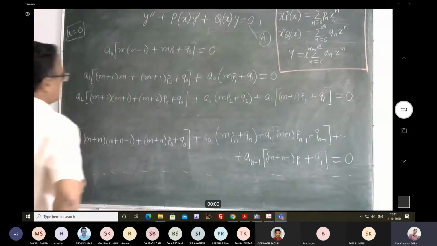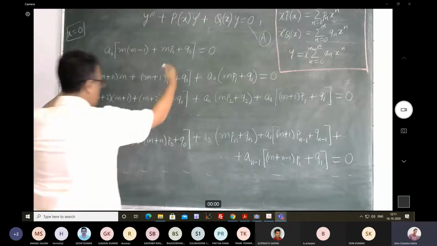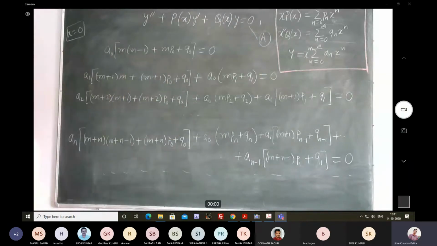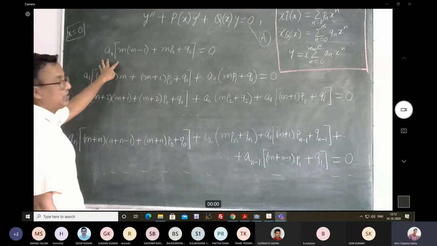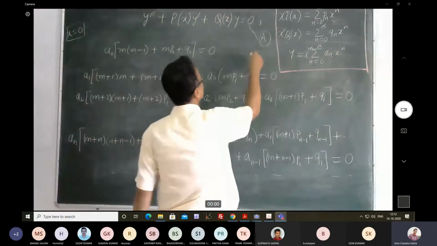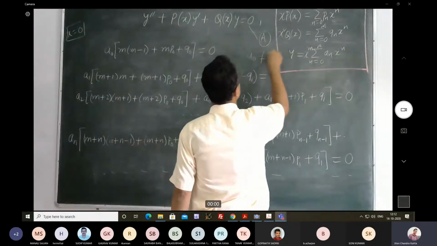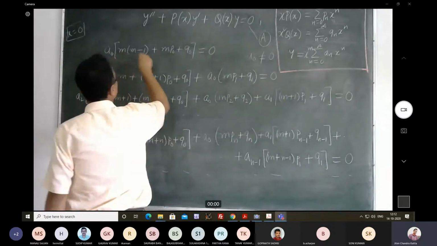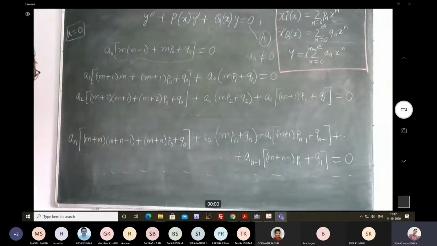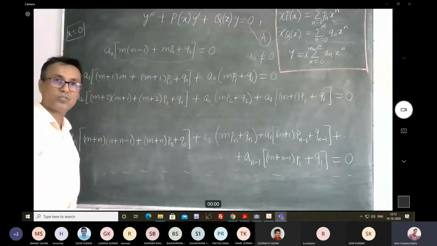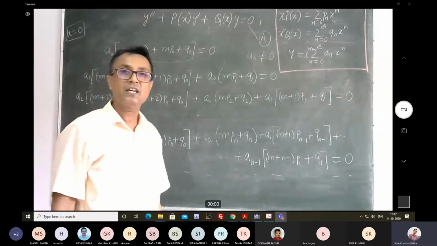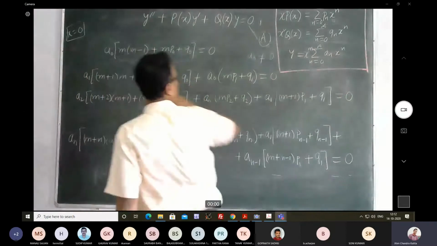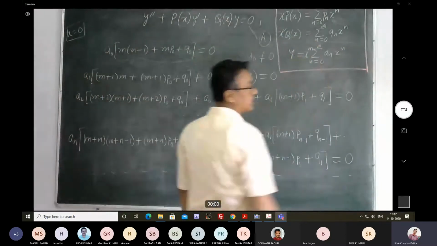Okay, fine. So now you can see the recurrence formulas here corresponding to different values of n. And when n equals 0, the very first equation, as you know, we assume that a0 is not equal to 0. So from here, I get this equation, and you know that that equation is called the indicial equation. Okay, and from the indicial equation, we can find out the roots, and then for those roots, we will consider solutions of this form.